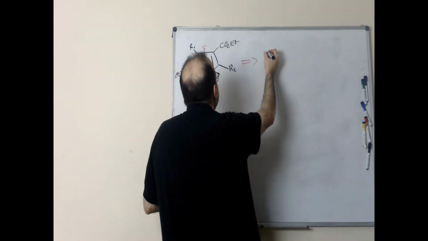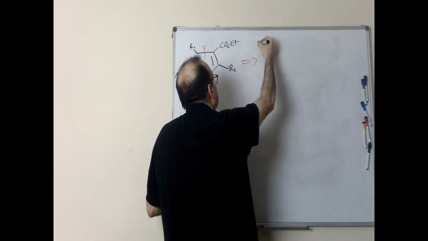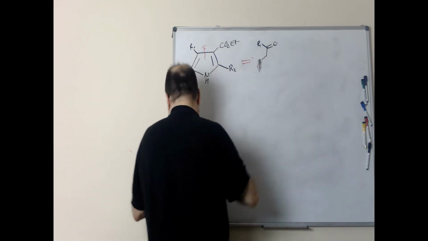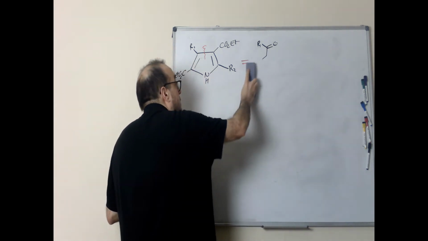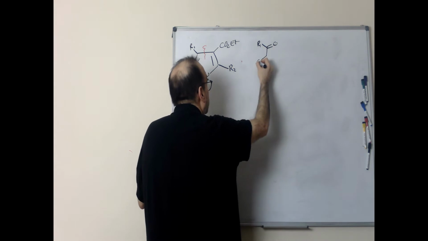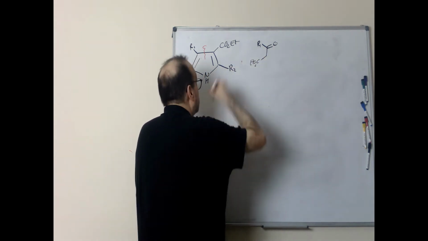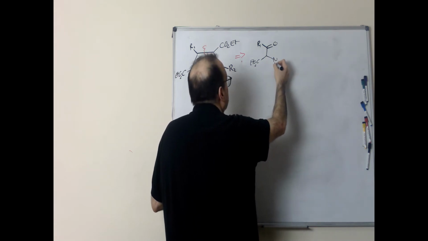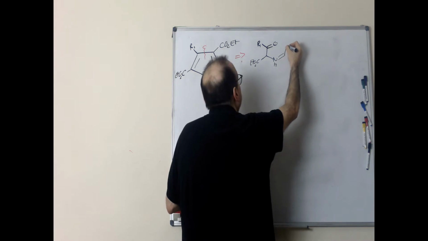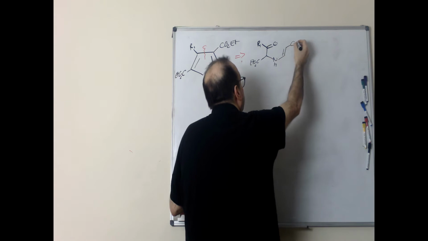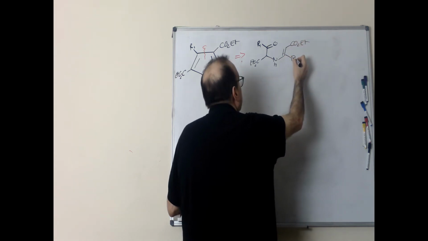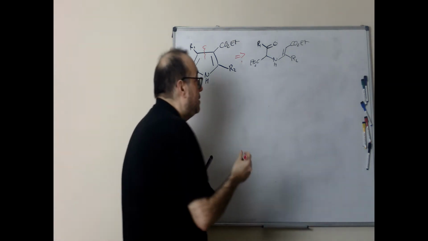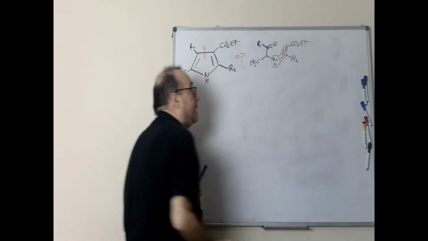And what we have is, okay, what we have is this compound, and then what we can see is that, like we did before, this is nothing more than an enamine, isn't it?